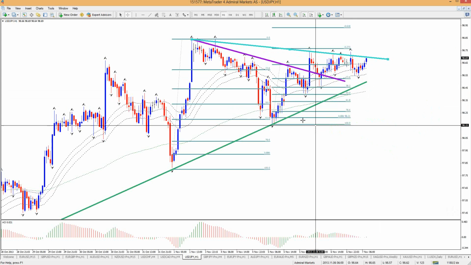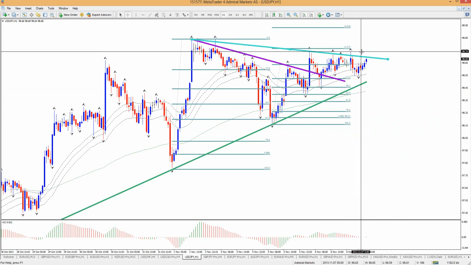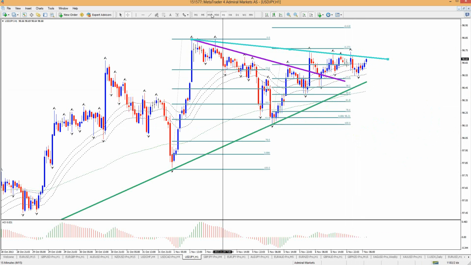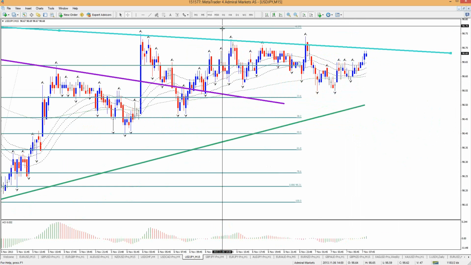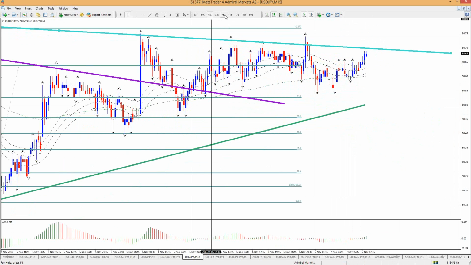But another way of tackling it would be to wait for the break and see if it's a sustainable break by looking at a 1-hour chart. So maybe that could be better in this case.